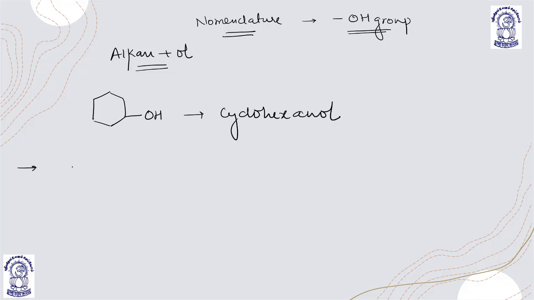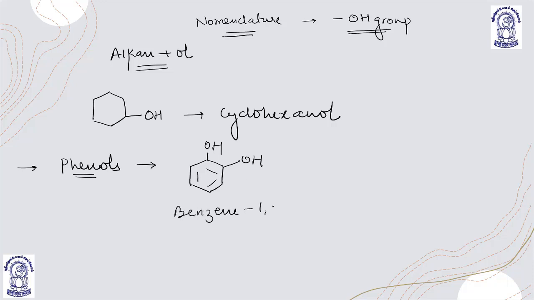In case of phenols, especially the substituted phenols, the IUPAC name is benzene 1,2 diol, and the common name is catechol.